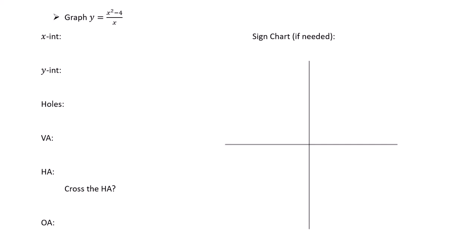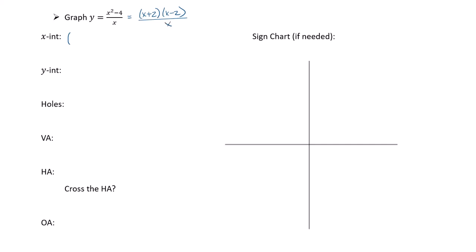Now let's graph y equals x squared minus 4 over x. The x-intercept, remember, is found by finding the zeros of the numerator. So we have, in factored form, x plus 2, x minus 2 over x.